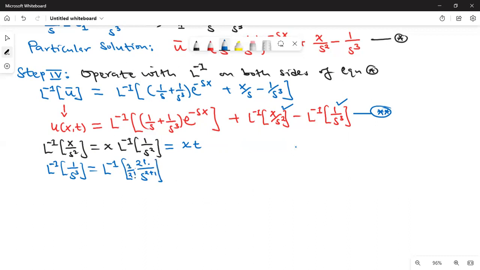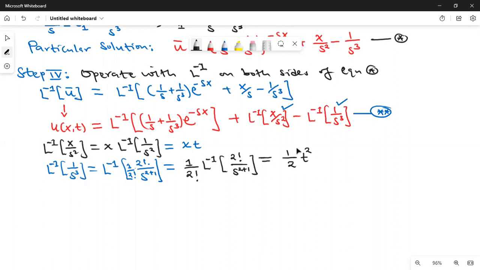I'm just rewriting it, which you can now write as 1 over 2 factorial, a constant, times L inverse of 2 factorial over S raised to 2 plus 1. And so remember 1 over 2 factorial is the same as 1 over 2. The inverse of 2 factorial over S raised to 2 plus 1 is T squared. Now we know the third term.